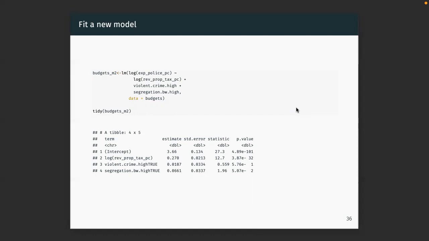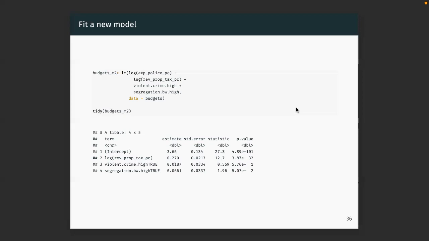We can't say that violent crime is not related to police spending based on these findings, because violent crime could be impacting police spending through property taxes or through segregation, right? Our model has not isolated that.